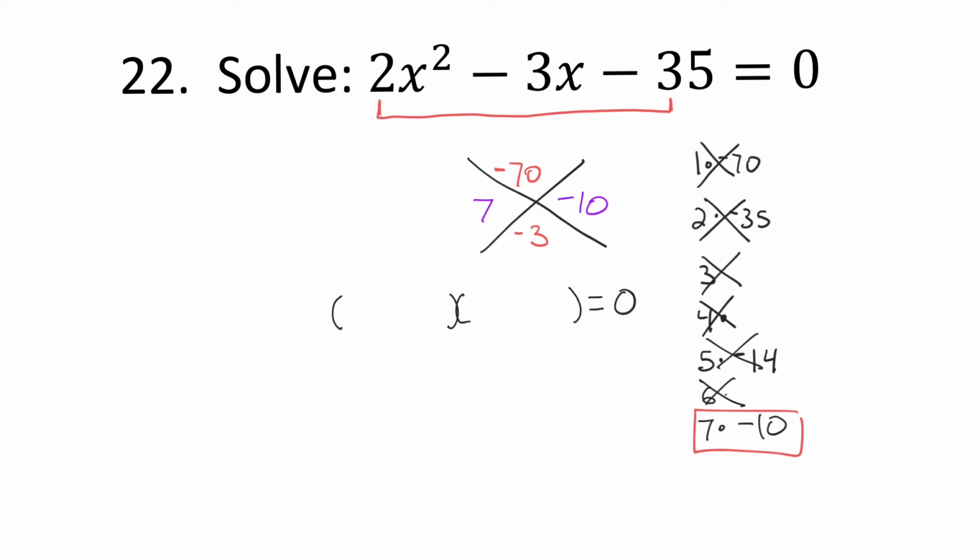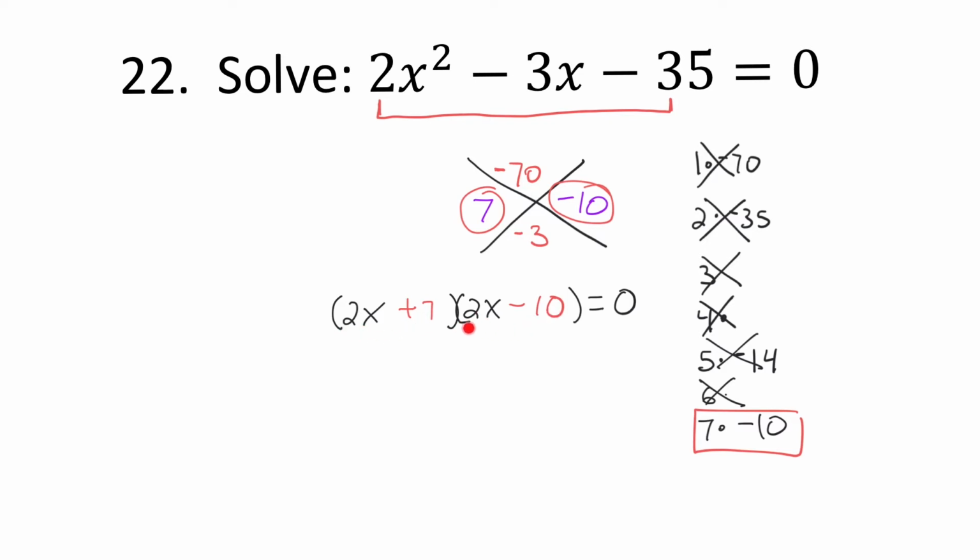Now be careful, because the a value is not 1. You go back to the trinomial, it is a 2. So I'm going to bring down the 2x here, 2x over here. You bring down your factors, the positive 7 and the negative 10. Then you check if you can divide the binomials.